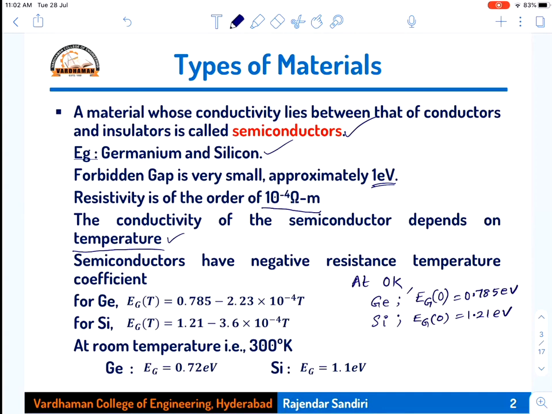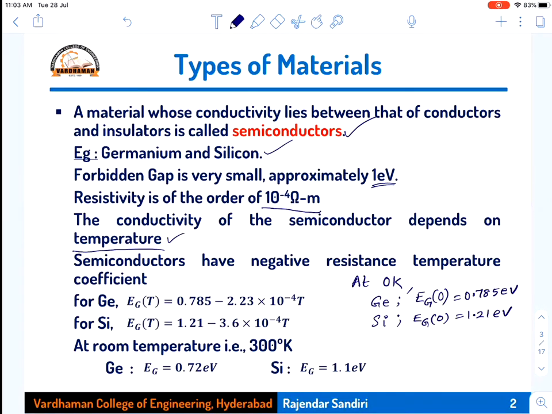So the forbidden gap Eg depends on the temperature, and it decreases by an amount 2.23 times 10 to the power of -4 T for germanium, and for silicon it decreases by 3.6 times 10 to the power of -4 T. At 0 Kelvin it is 0.785 and 1.21, but as the temperature increases, this energy gap keeps decreasing. That's why we have kept the minus here. It decreases by 2.23 times 10 to the power of -4 times the temperature for germanium, and 3.6 times 10 to the power of -4 times the temperature for silicon. So these are the formulae for germanium and silicon.